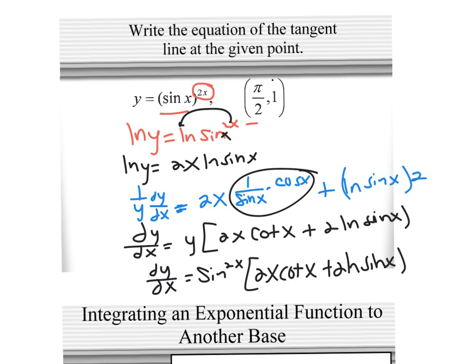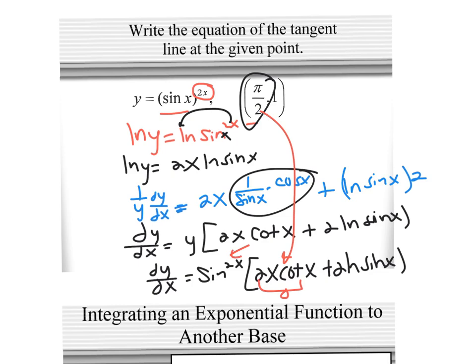So sub in pi over 2 for x. Tell me what you get, and hopefully you get the same thing as me. You can plug it right into your calculator if you want to. So you should get, weirdly enough, 0 as your slope when you plug it in. So if you plug in pi over 2 for all the x's, the cotangent of pi over 2 is 0 because it's x over y. So this whole thing becomes 0.